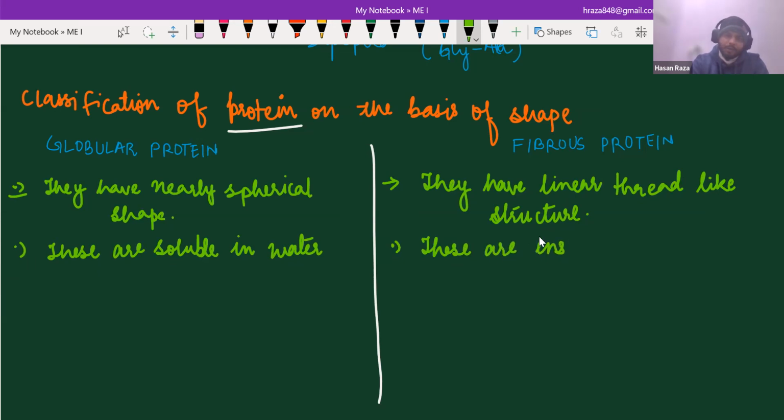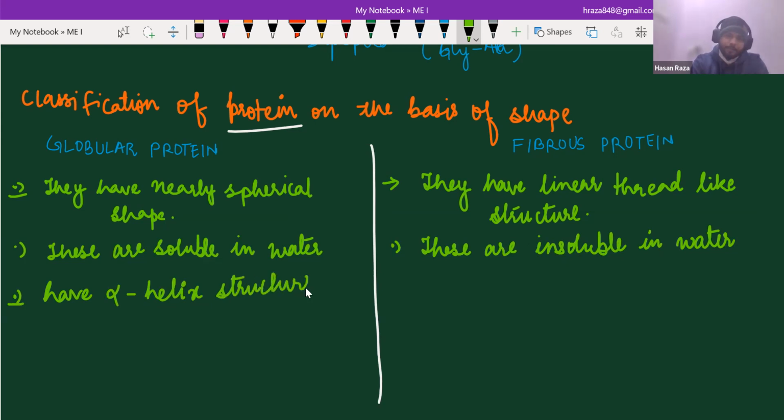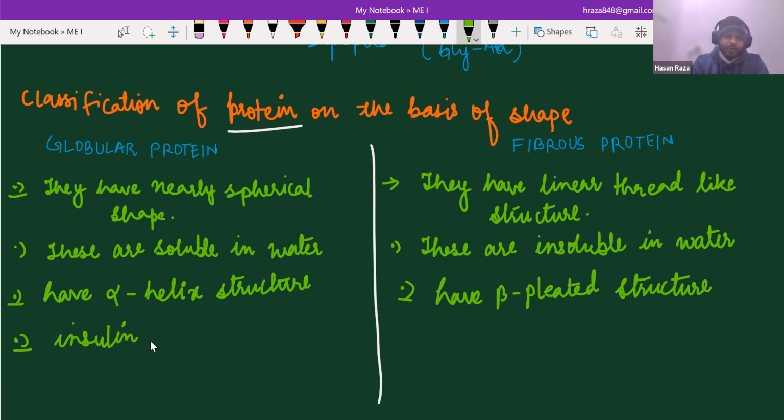Fibrous are insoluble in water. Globular has an alpha helix structure, and fibrous has a beta pleated structure. Examples: insulin, albumin.